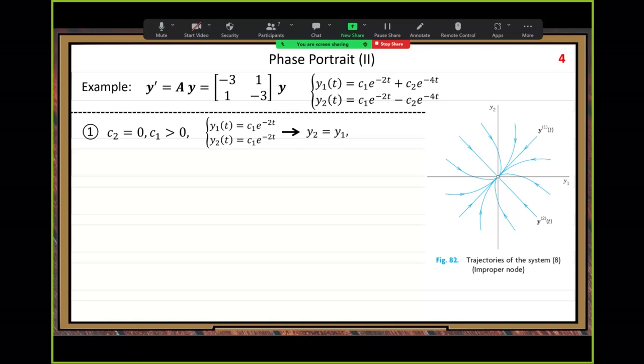This angle is 45 degrees. Can you see that? But here we do not know the arrow direction.